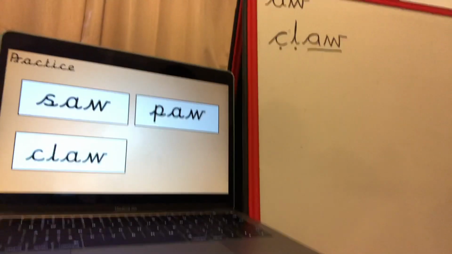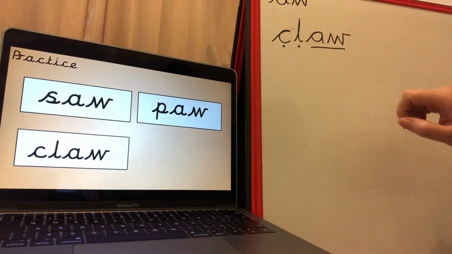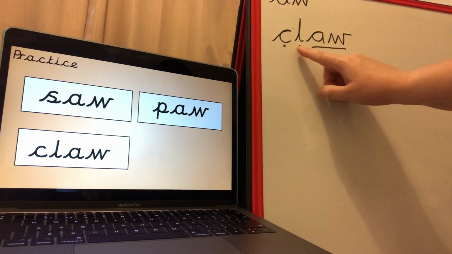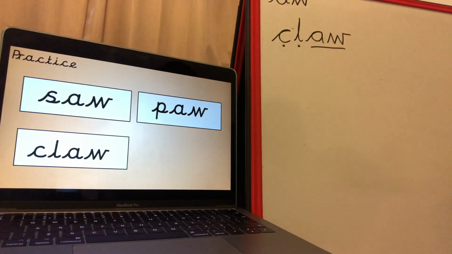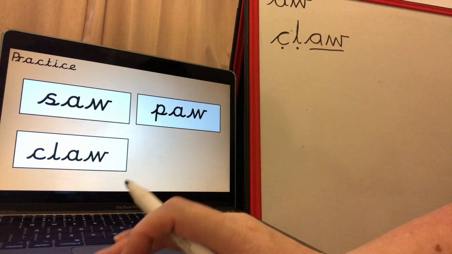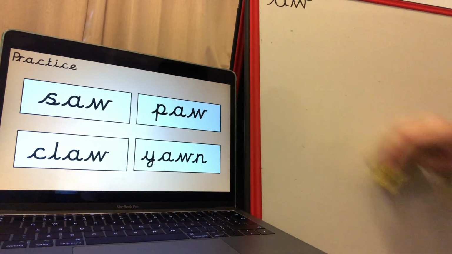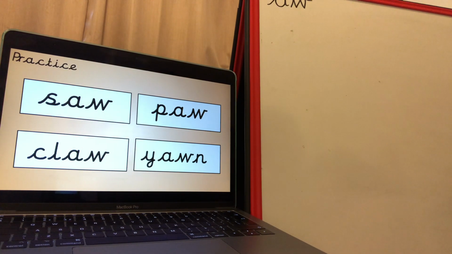Can you segment and blend it, please? Okay, yeah, it says k, l, or, claw. It's another thing that animals can have, claw. And the last word, put it on your paper or board and add your zips and buttons.